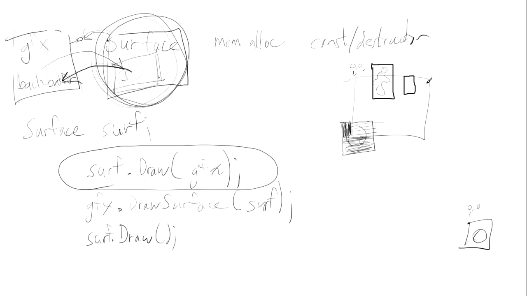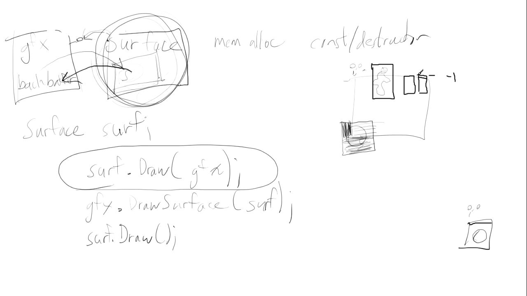Now if we take another surface where y offset is equal to -1, it's not flush with the top of the screen, it's one above the top. In that case we want to start with row 1, because row 1 will be the row that's flush with the top of the screen. Row 0 is already off the screen. So if our offset is -1, we start with row 1.